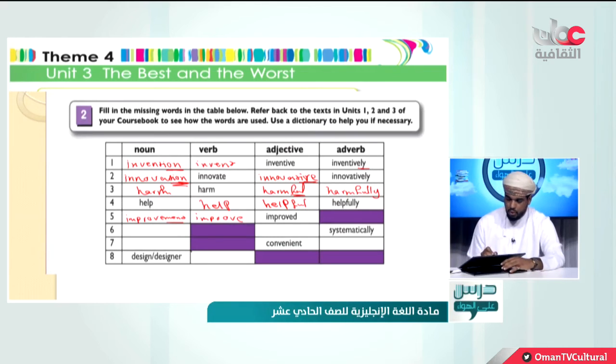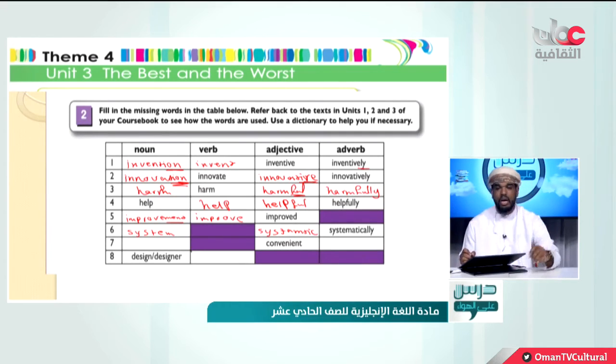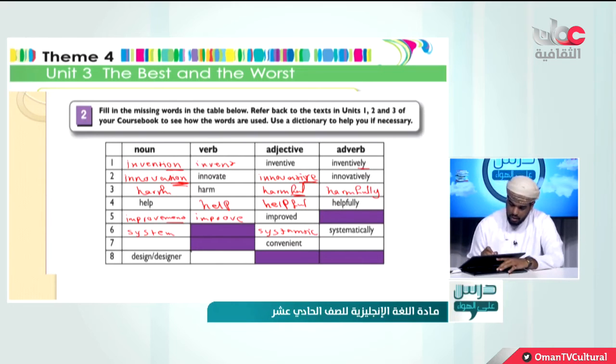Systematically, what is the noun? System. And the adjective is systematic. Okay, I have the word convenient, and you know the meaning of convenient. If you don't know these or some of these vocab, you can check your dictionaries, because we have another fill-in-blanks activity later on, and it will be on Nearbot.